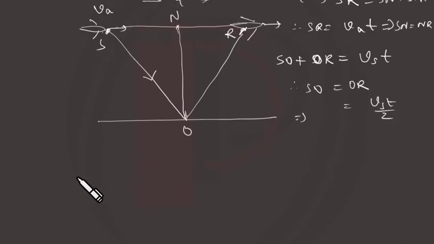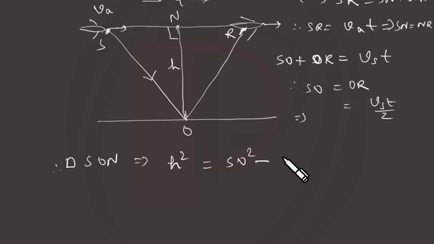Now, if we consider the right angle triangle SON, we know that the hypotenuse square equals the base square plus the height square. Let's say the height is h. Therefore h square equals the hypotenuse square, SO square, minus SN square.